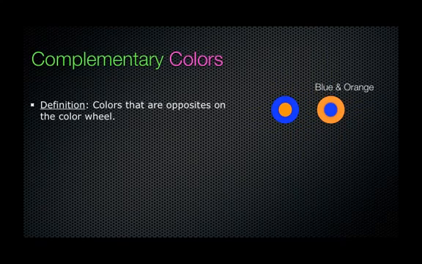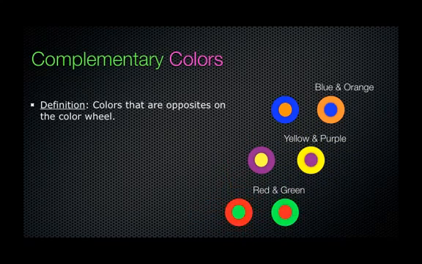And when you look at these color combinations, think about how you've seen them used in popular culture. Maybe logos for famous companies, restaurants, or sports teams. Here's yellow and purple. Red and green, another very popular set of complementary colors.